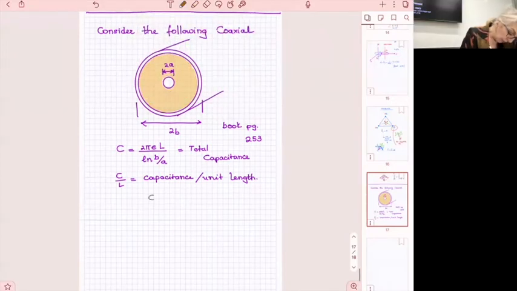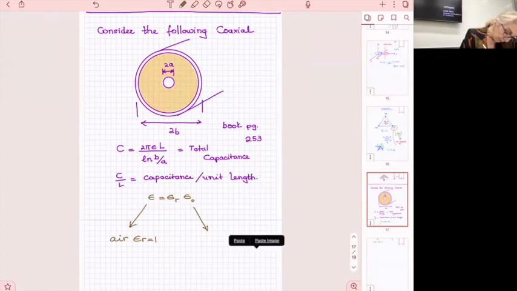You need to remember that epsilon is epsilon sub r times epsilon naught, where for air, epsilon sub r equals 1, and for any dielectric material, epsilon sub r is larger than 1.